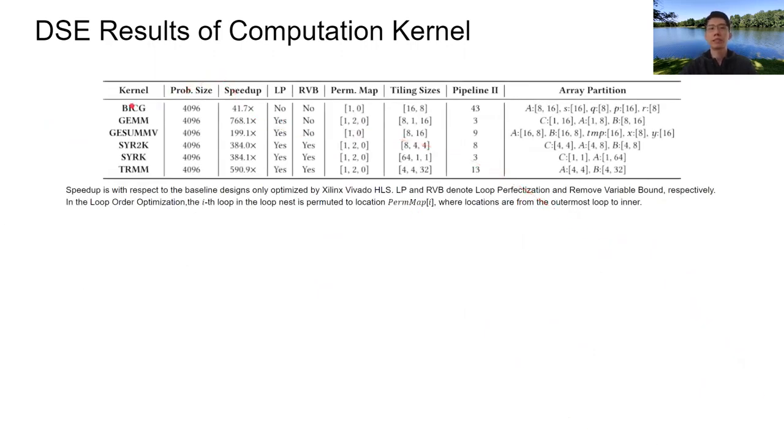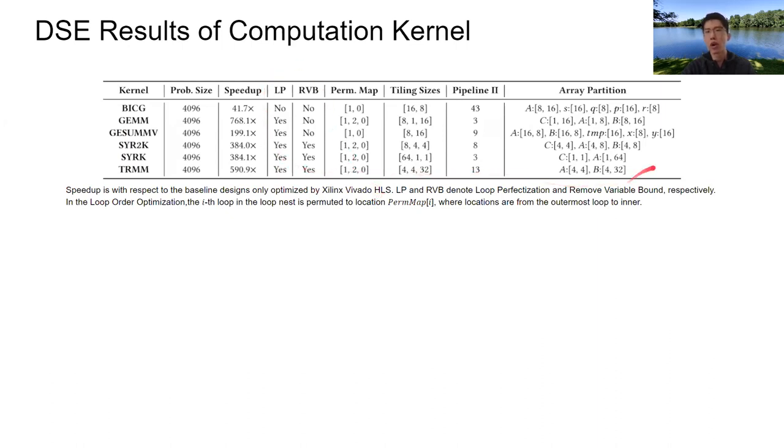Basically, we pick 6 computation kernels from the Polybench benchmark, and we set the problem size to 4,096. And you can observe that after the design space exploration, for most of the benchmarks, we achieved hundreds of times performance improvement compared to the baseline designs only optimized by Xilinx Vivado high-level synthesis.